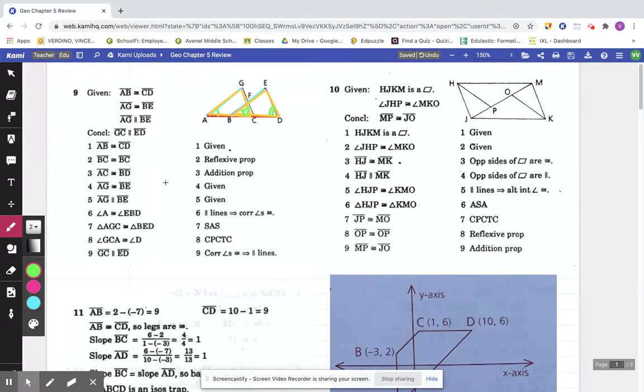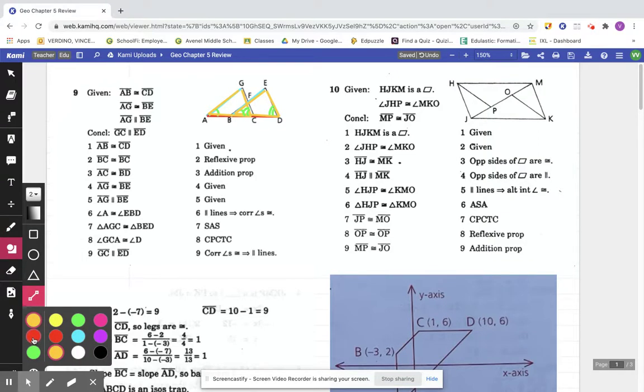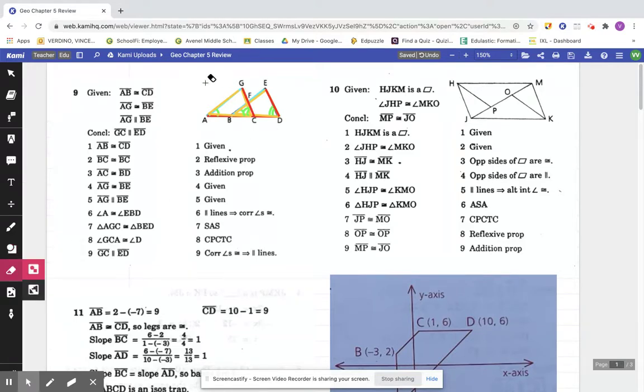And now we can state that line GC is parallel to line ED, because if their corresponding angles are congruent, then that proves that our lines are now parallel. All right, and it's helpful to draw a picture as well as use different colored pencils or highlighters, whatever helps.